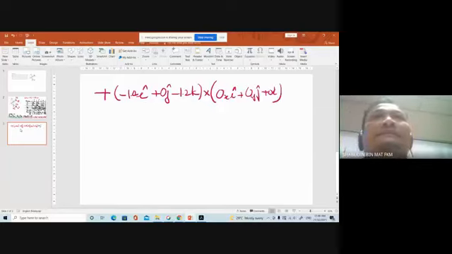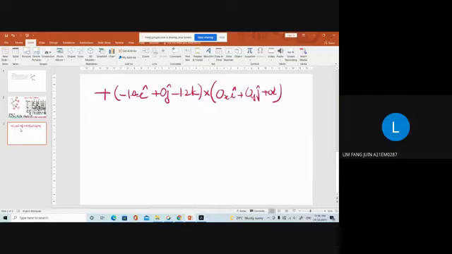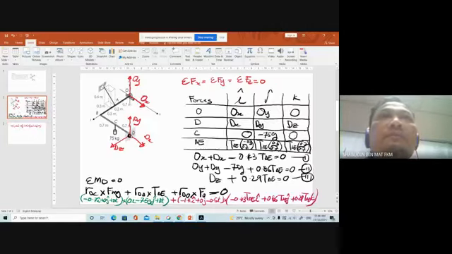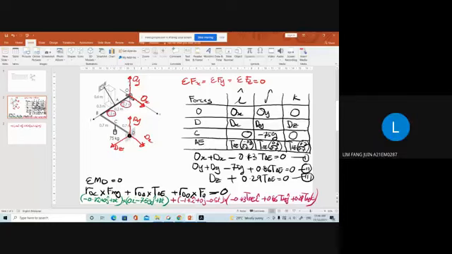Sir, why negative 1.2? 1.2 is because you are moving from D to O. In the Z direction, you move backward 0.5 plus 0.7. How about the 0.2?